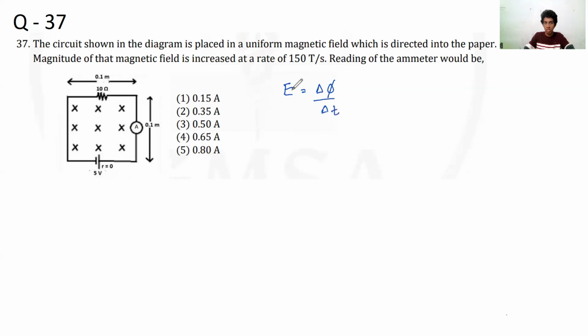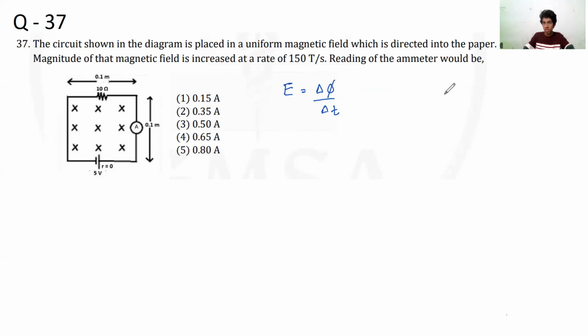E is the induced electromotive force and delta psi over delta t is the rate of change of magnetic flux. Faraday's law states that the magnitude of the induced electromotive force in a circuit at any instant is directly proportional to the rate of change of magnetic flux at that instant.